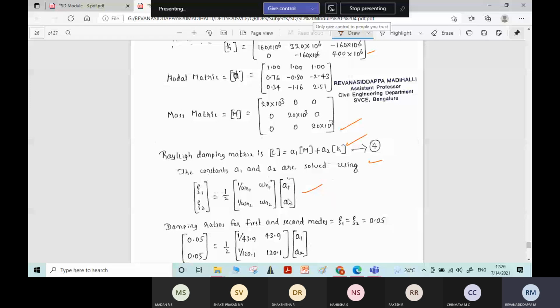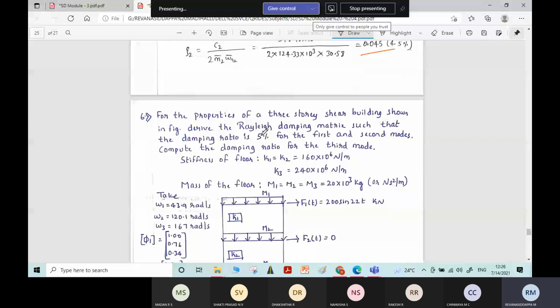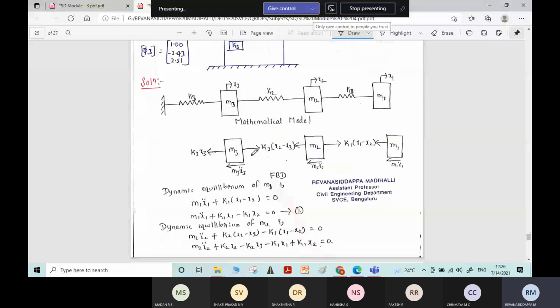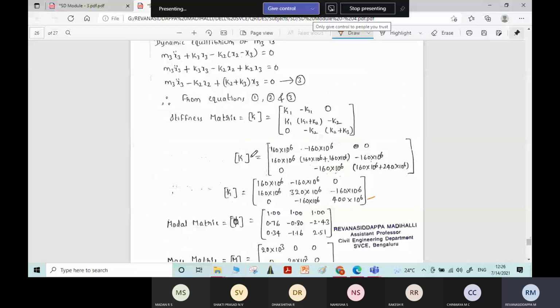The natural frequencies omega n1 and omega n2 are given, and the damping ratios are also given. Damping ratios are given, right? 5%, 0.05. That is taken here. By this, you will get two equations.